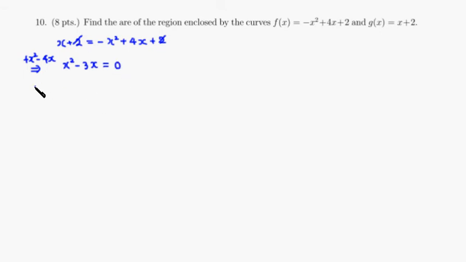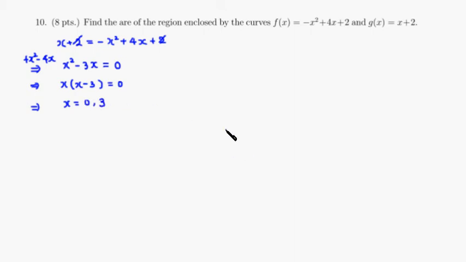Then we can factor it. This is an easy one, so we can pull out the x: x times (x minus 3) is equal to 0. Therefore x is equal to 0 and 3.